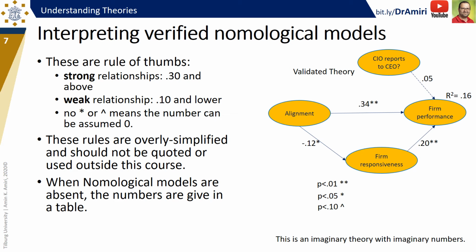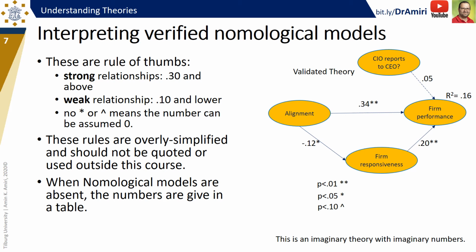means a strong relationship. However, if a number is lower than 0.10, or you see just one asterisk or one hat next to the number, that means the relationship is not strong.